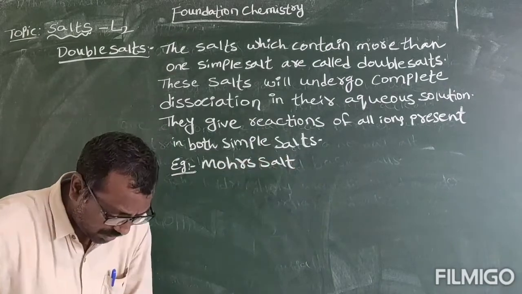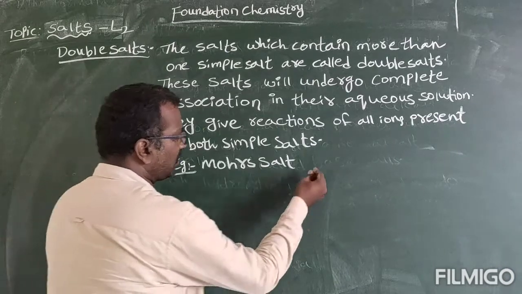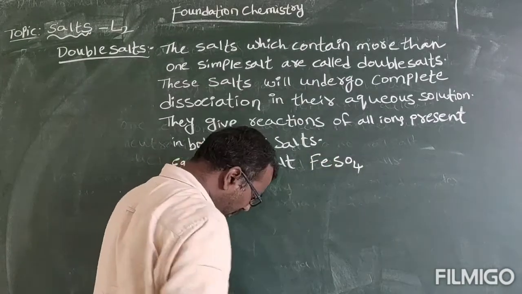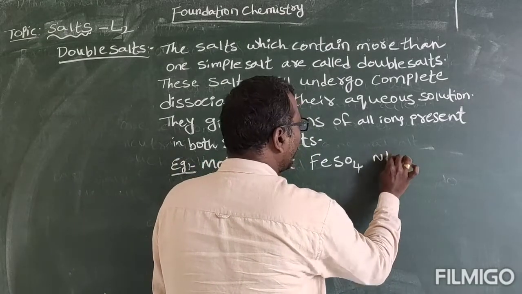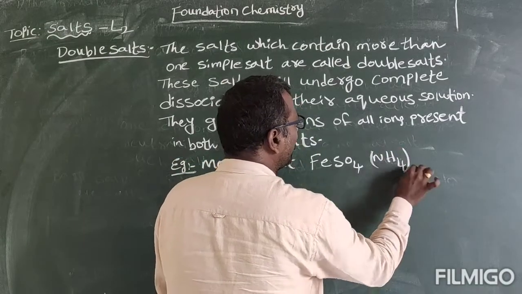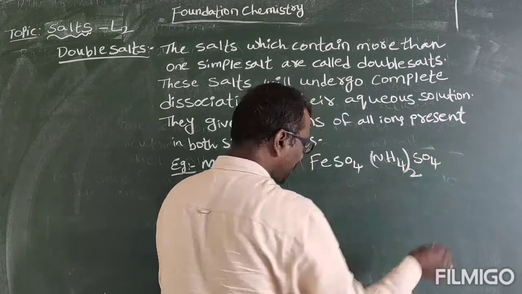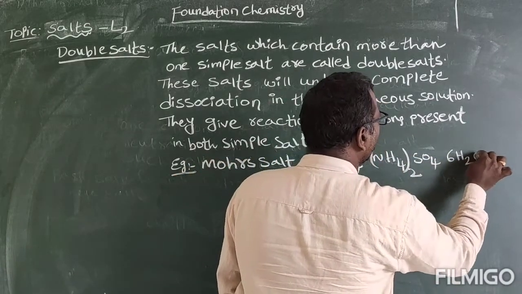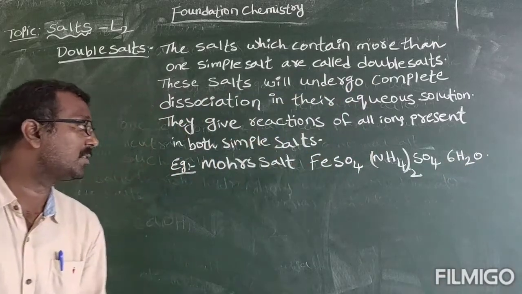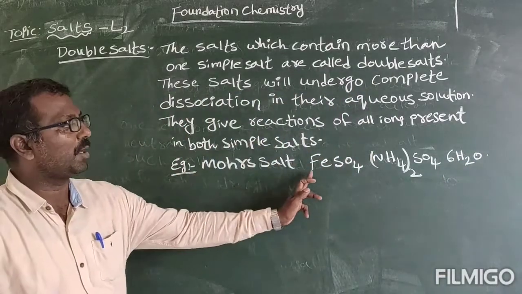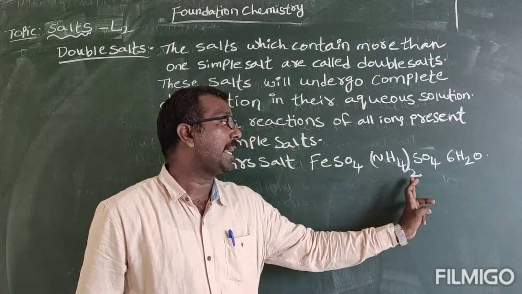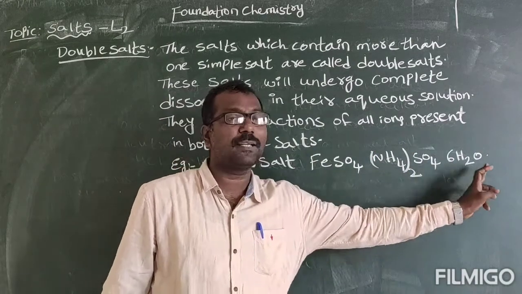Mohr's salt formula I will write. Mohr's salt formula is FeSO4, (NH4)2SO4, 6H2O. So this is the formula of Mohr's salt.